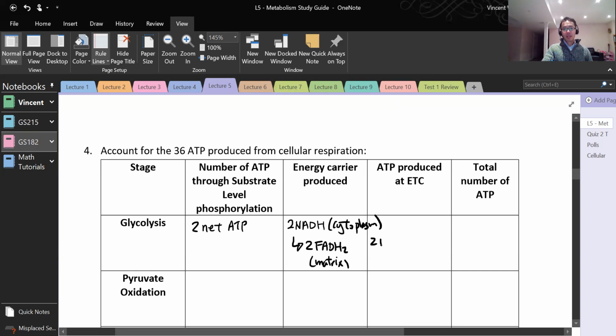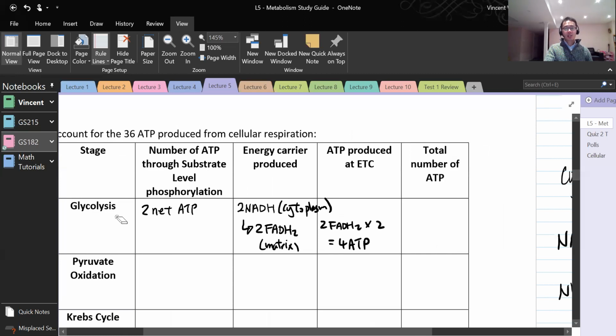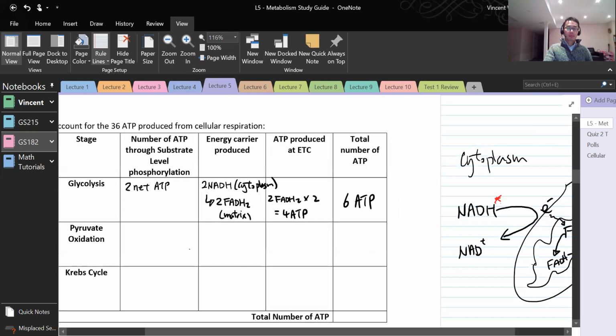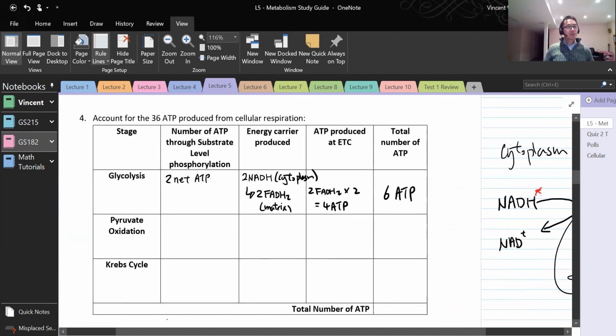So 2 FADH2 multiplied by 2, because each FADH2 can produce 2 ATP. So that will account for 4 ATPs in total. So from glycolysis alone, if you add up all the ATPs that we produce, that's going to be 6 ATP. I hope the numbers are making sense.